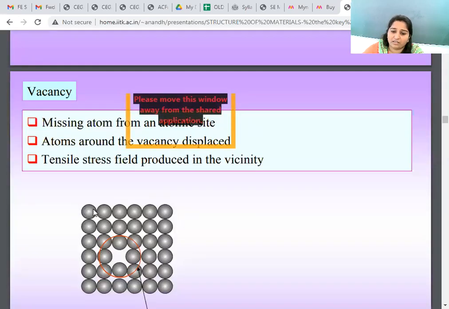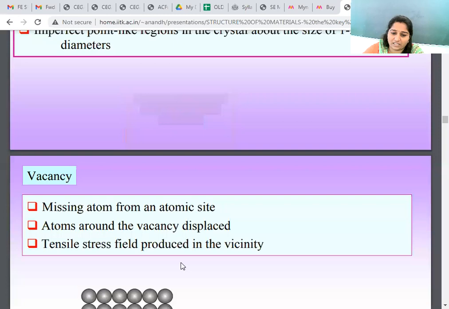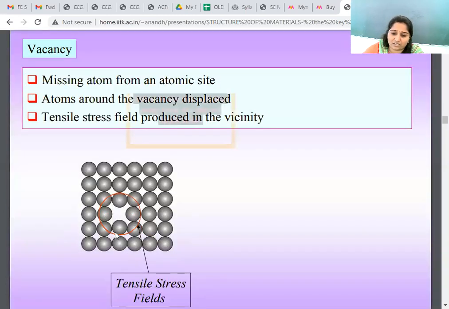In the diagram, we can see the atoms are arranged in a repeated manner, but one atom is absent in the middle of the crystal structure. The atoms around the vacancy are displaced, and a tensile strain field is produced in the vicinity. This type of defect is called a vacancy.